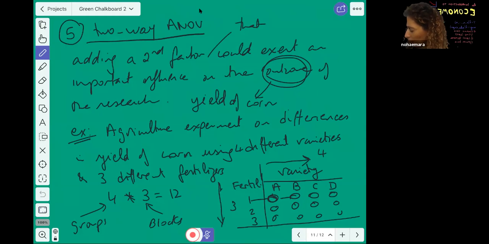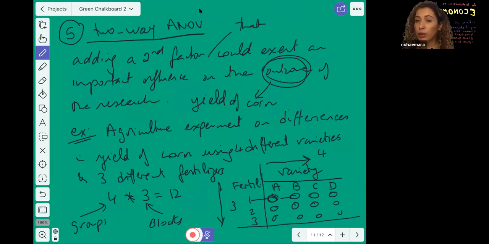Now the F statistic with this type of analysis would be comparing which one is more important to us. Does the variety of the corn matter more to the yield of corn, or is changing the fertilizer what matters more to the yield of corn? Or is it the combination between the two?